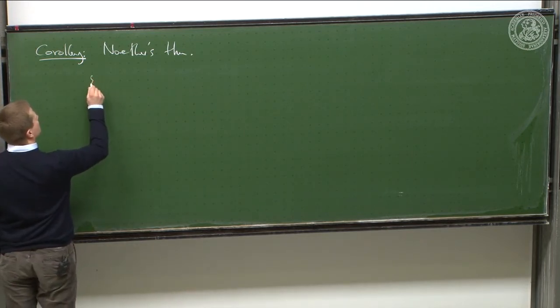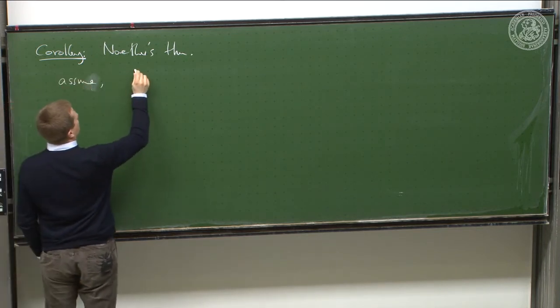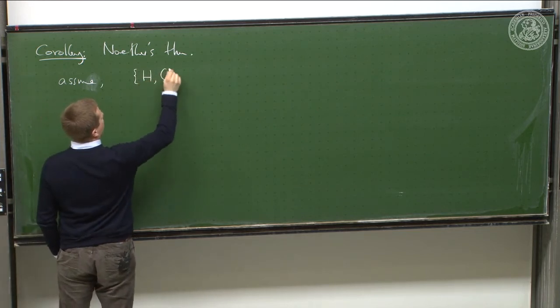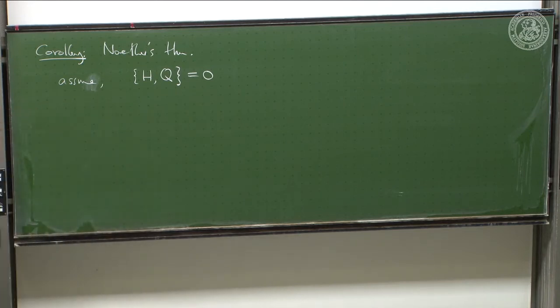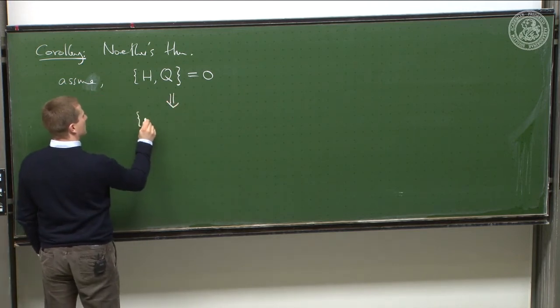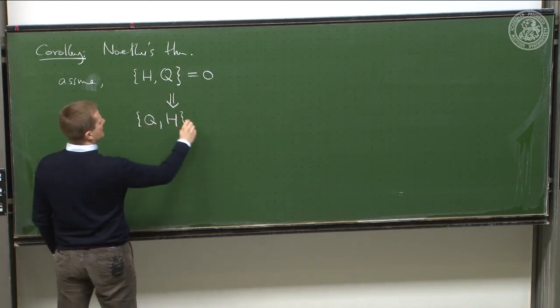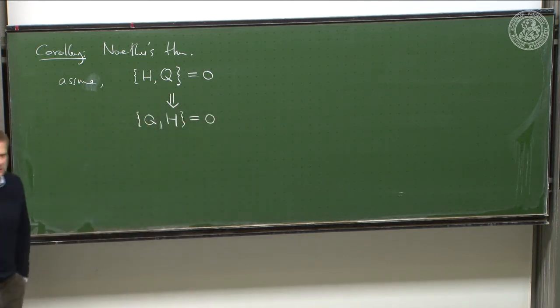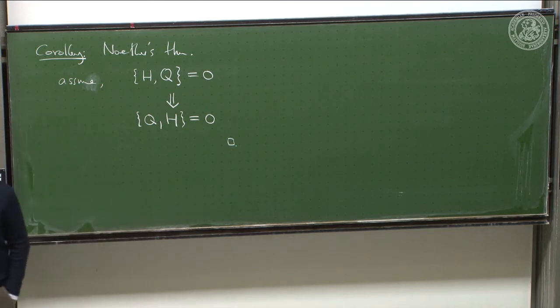But let's assume that there is a conserved quantity Q. Let's assume Q is a conserved quantity. Now, the proof of the Noether theorem is to make the incredibly complicated step that you switch the entries, pick up a minus sign, but because it's 0, it stays like this. End of proof. This is the Noether theorem.